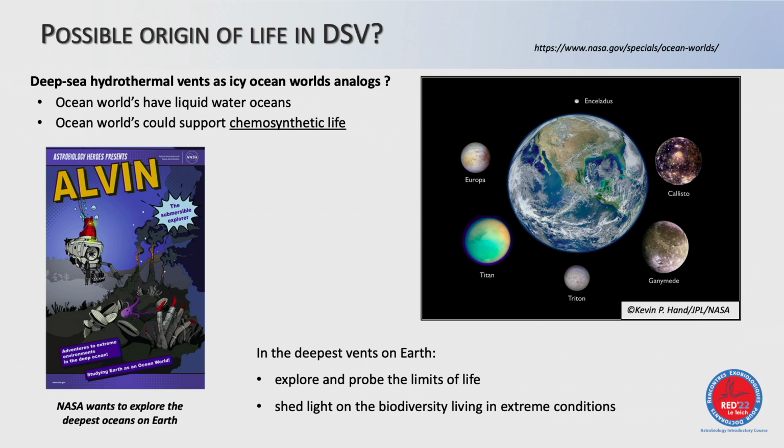So NASA really wants to do more and more studies on the deepest vents on Earth in order to explore and probe the limits of life we know on Earth, and also shed light on the biodiversity living in extreme conditions.